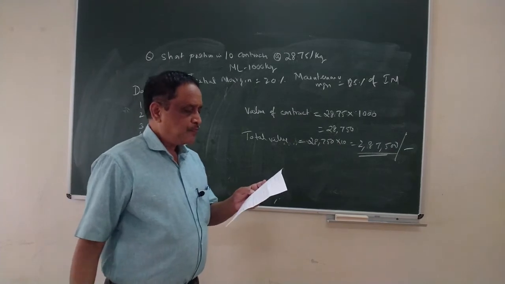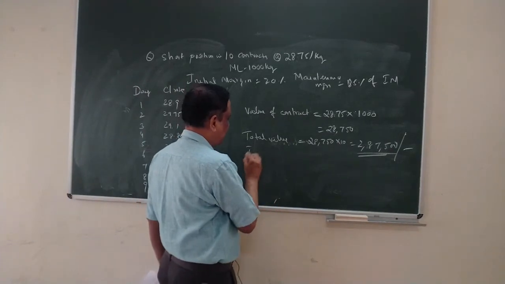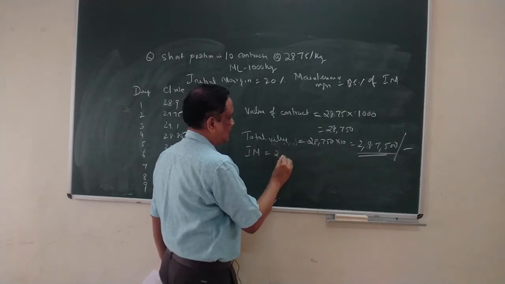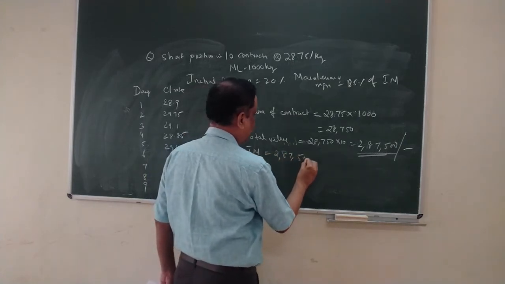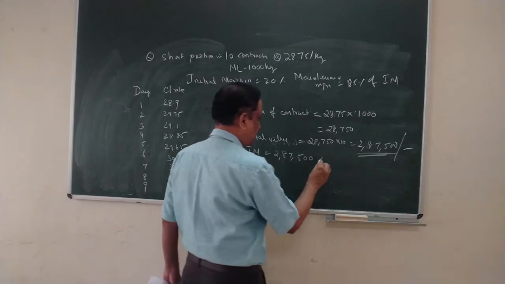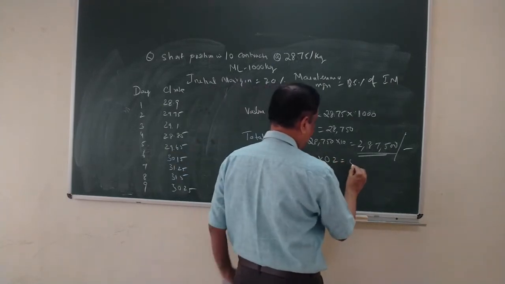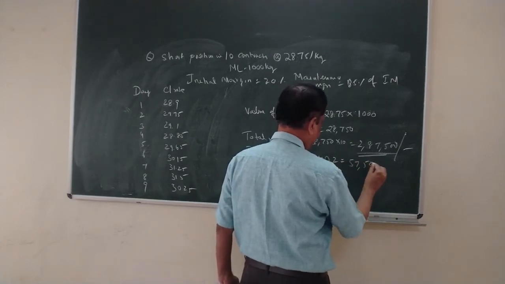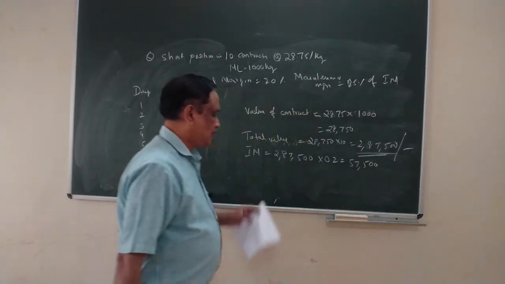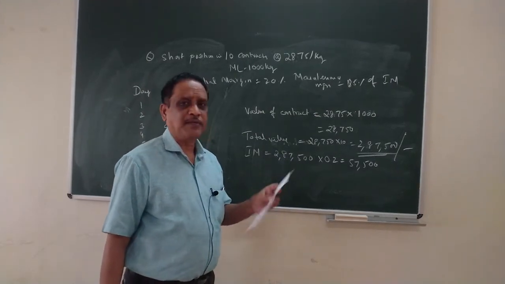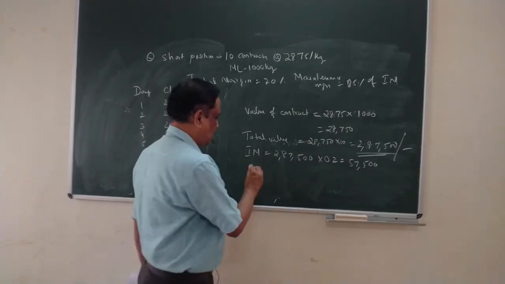So the initial margin equals 2,87,500, with 20% as the initial margin, multiplied by 0.2. You will get the value as 57,500. And maintenance margin is 85% of initial margin.